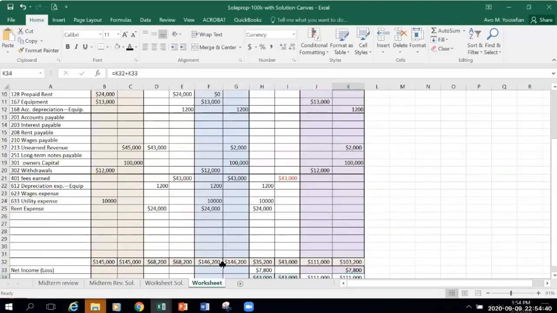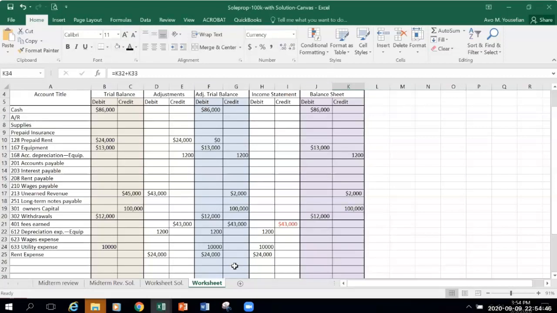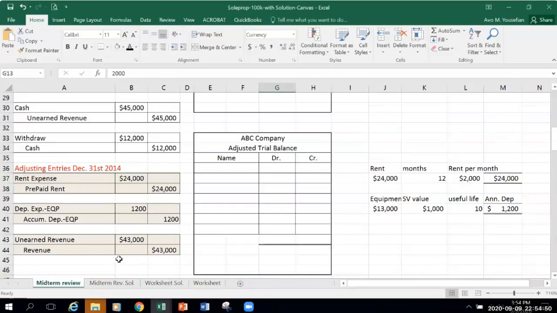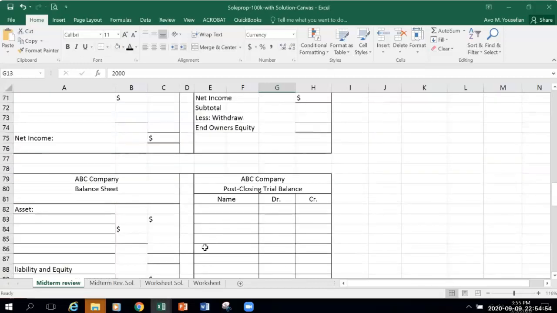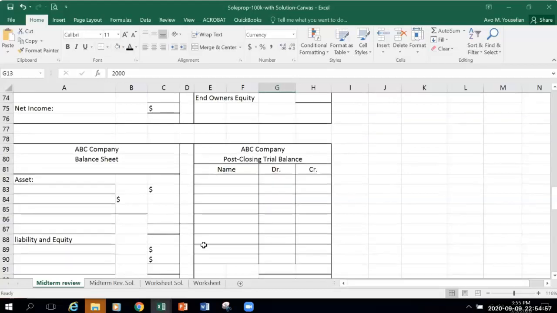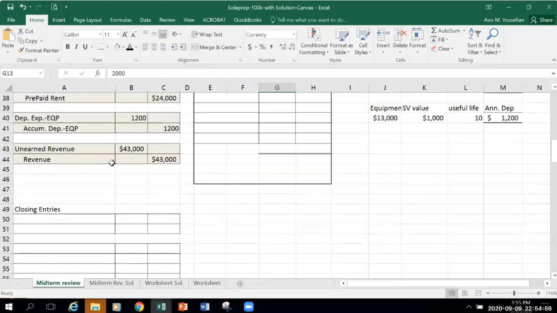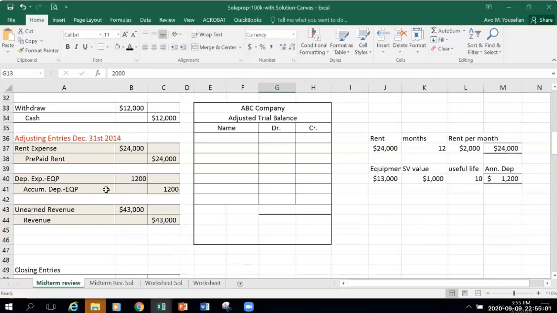And the add up will be 146 to 146 2. That's what it will be. Okay, so you can do that yourself. Now that the so-called adjustments are done, after adjustments are done and adjusted trial balance is ready, which is ready in my worksheet. Here I'm lazy, I'm not going to do this.